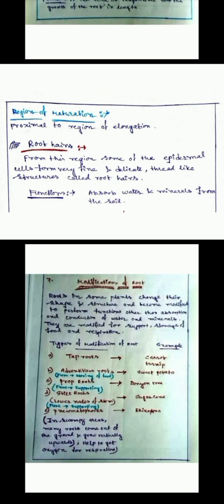Roots in some plants change their shape and structure and become modified to perform functions other than absorption and conduction of water and minerals. They are modified for support, storage of food, and for respiration. Now, the types of modification of root and their examples.